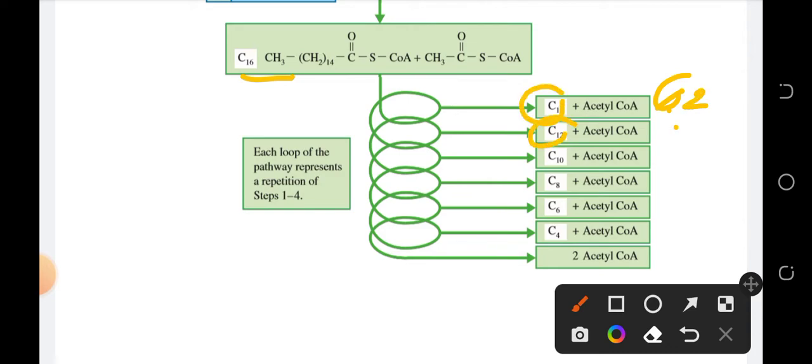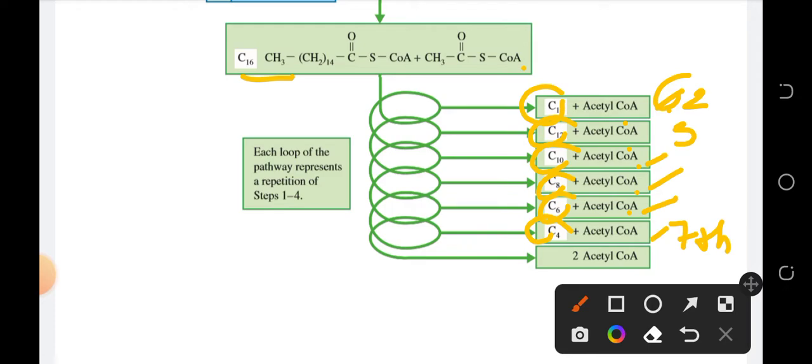And then the third would be C12. And then magiging C10 plus 2. Then C8 plus the acetyl. Then C6, then acetyl again. And then the C4. So 1, 2, 3, 4, 5, 6, 7. This is the seventh run of a repetition of beta oxidation.